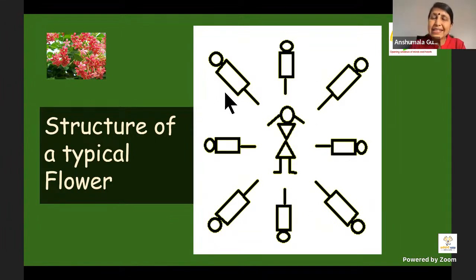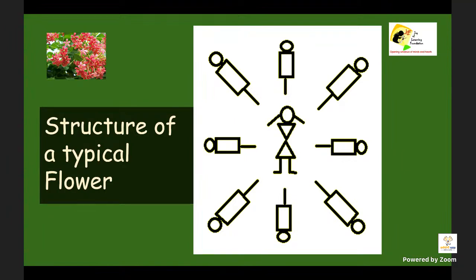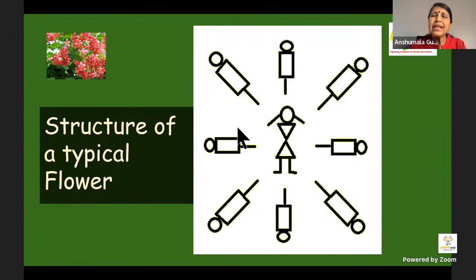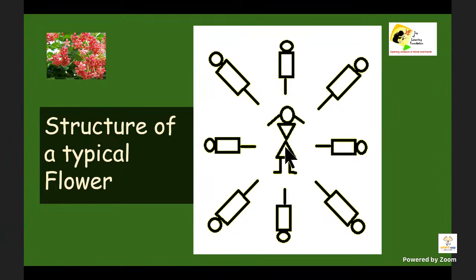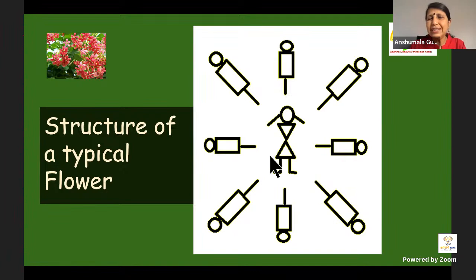So male and female exist in the same place. But one way you can recognize them is that the female would normally be a single one and males would be many. So that's why we have deliberately used this figure. And that's one way to recognize.